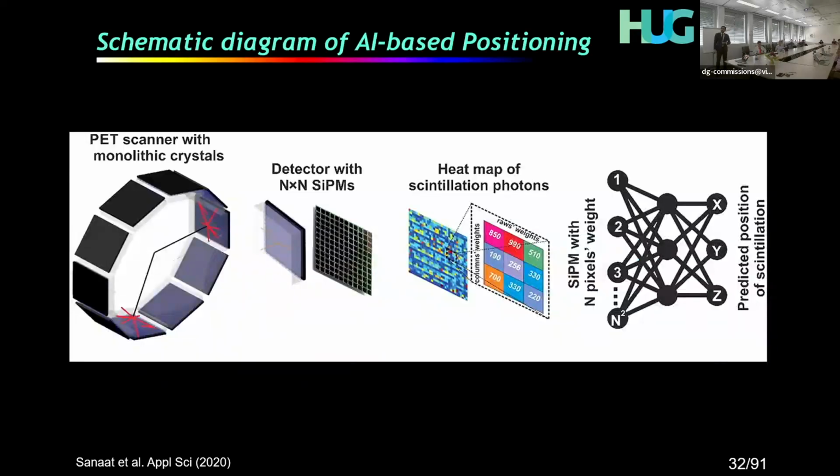Here is the schematic of our AI-based positioning method. We simulated a preclinical PET scanner equipped with a monolithic crystal and 144 SiPMs, and then we extracted the heat map from these SiPMs, and we fed it to a multi-layer perceptron model, and it predicted X, Y, and Z for us.